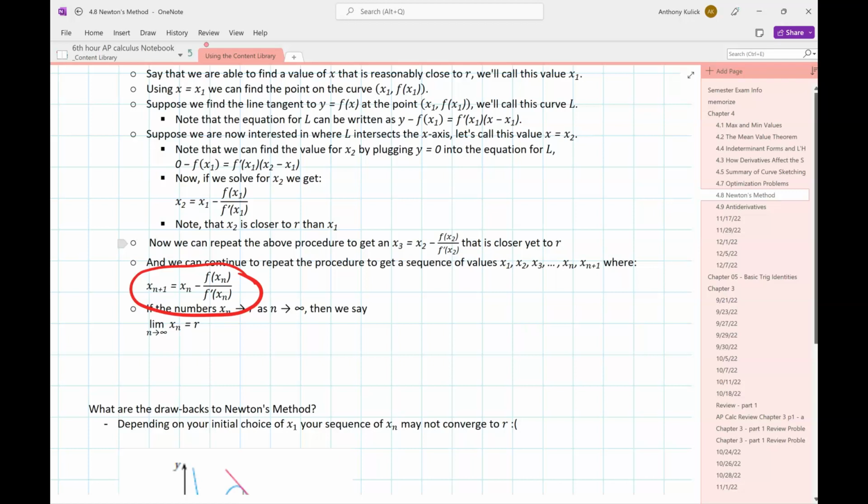And if your initial guess has been pretty good, then as n approaches infinity, your guess should approach r. So it's a lot of plugging and chugging, but I'm going to show you the good part in just a second.